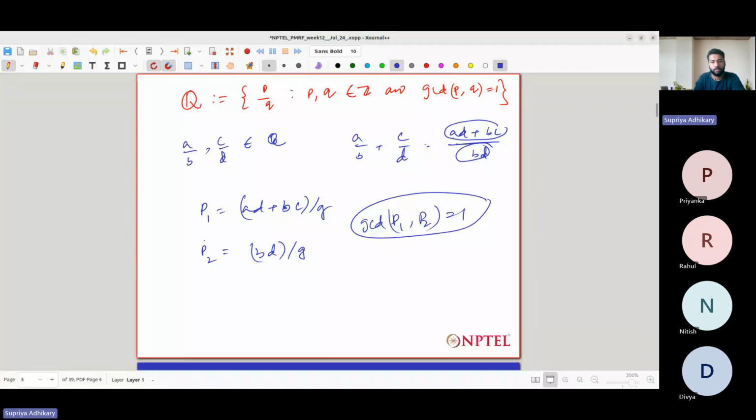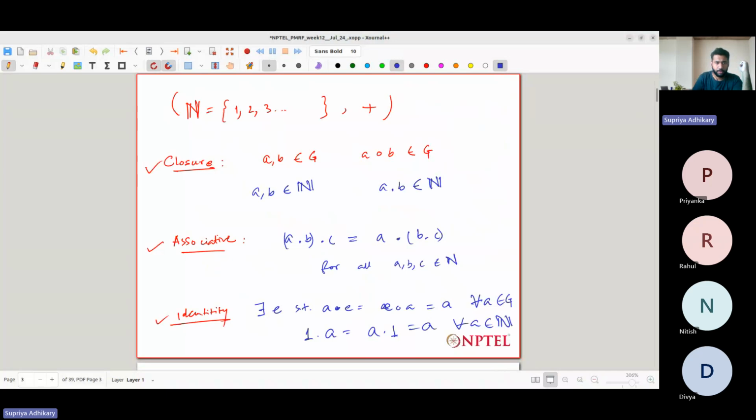So therefore P1 and P2 should have the GCD 1, and this P1 over P2 should be exactly equal to AD plus BC over BD. So we can get two co-prime integers such that the ratio of these co-prime integers is exactly equal to the addition. So therefore we can say that this P1 over P2 does belong to Q. So this was the closure property.